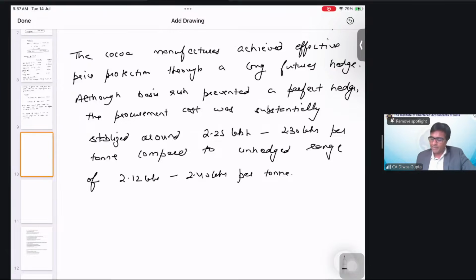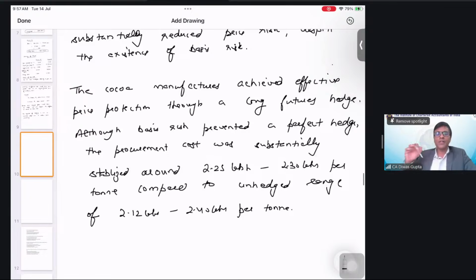Correct? The unhedged range was how much? Which is the scenario, and scenario B, the spot rates. Correct? And this one is the hedged range of 2.25 lakhs to 2.30 lakhs per ton.